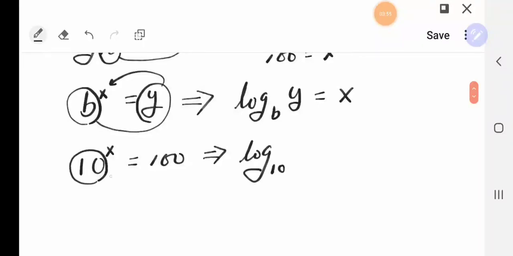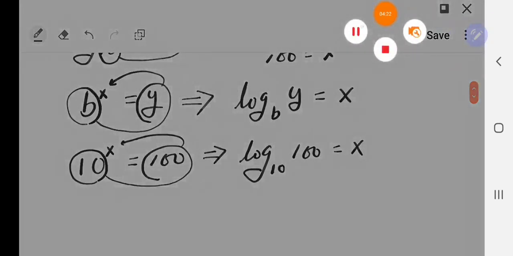This base will be the base of the logarithm, and this 100 goes inside the logarithm, so the result will be x. So this is just rewriting exponential form into logarithm or vice versa. Based on this, let's try another example.